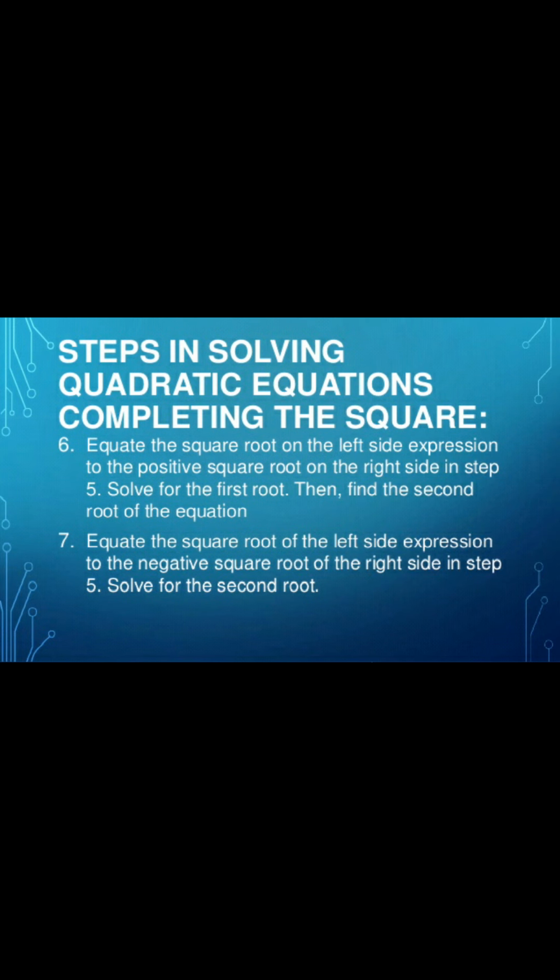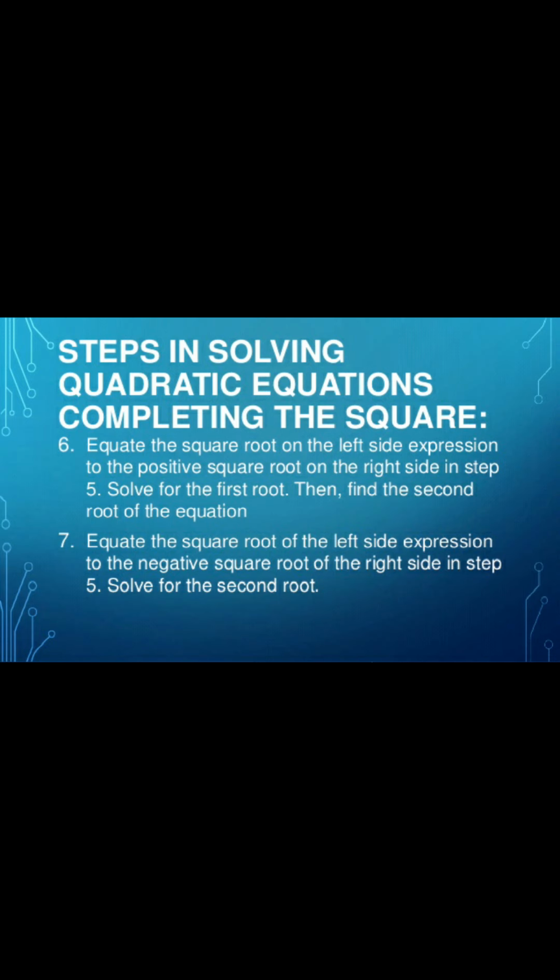Sixth step: equate the square root on the left side expression to the positive square root on the right side from step 5. Now solve for the first root. Seventh step: equate the square root of the left side expression to the negative square root of the right side and solve for the second root.